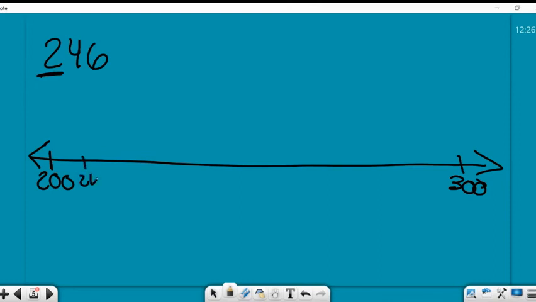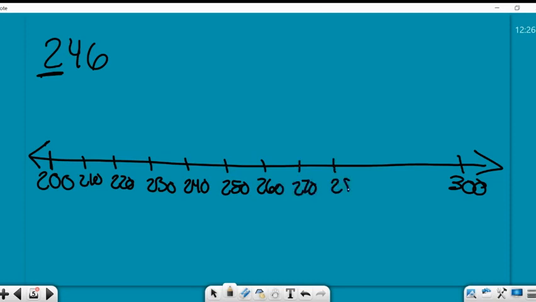So this would be 210, 220, 230, 240, 250, 260, 270, 280, 290. Now 246 would be about right here, because I know that's 240. So 246 got to be about right there.